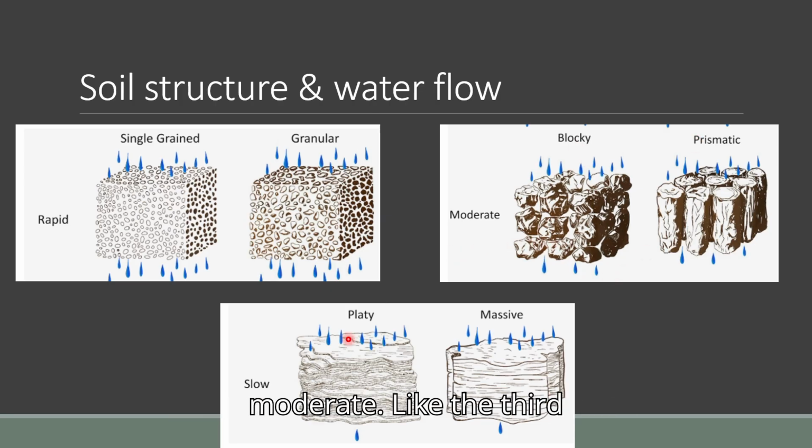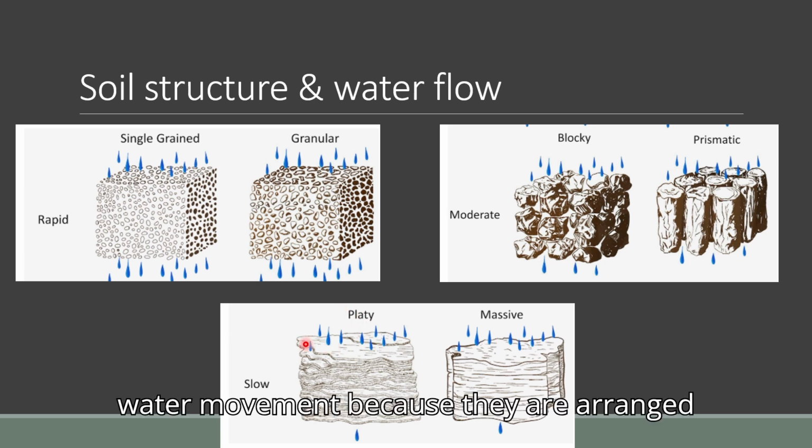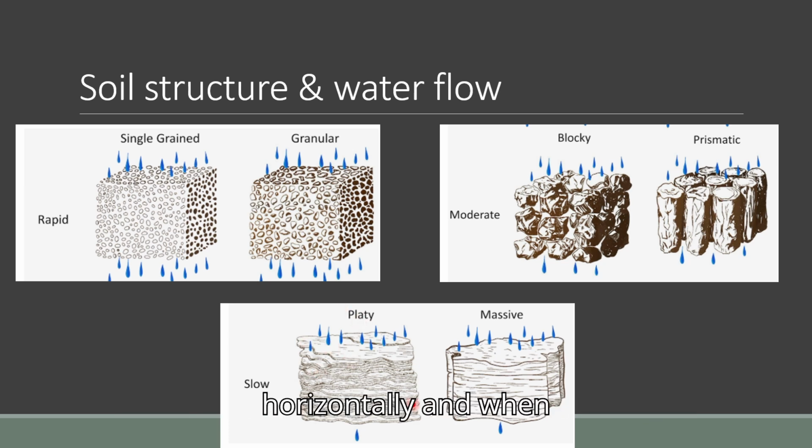Like the third case, it is the platy structure. In the platy structure, the units are arranged stacked together like horizontal plates, which restrict the water movement. And when we pour water, water can't move easily.